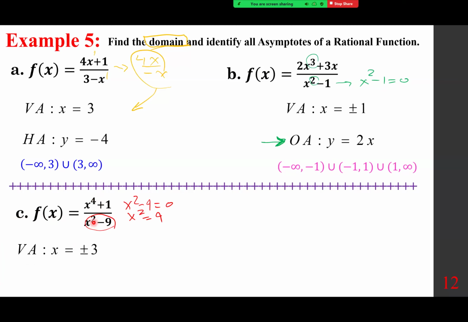We don't have a horizontal asymptote. We don't have an oblique asymptote, because for an oblique asymptote there must be a difference of exactly 1. And so what is the domain? Just exclude these two numbers. -infinity to -3, union -3 to 3, union 3 to infinity. Pay attention to the way we write the interval format.